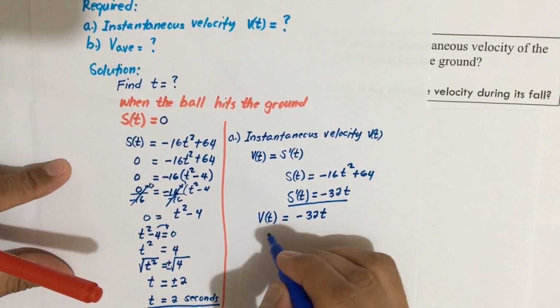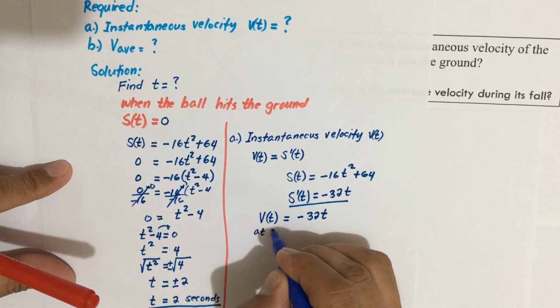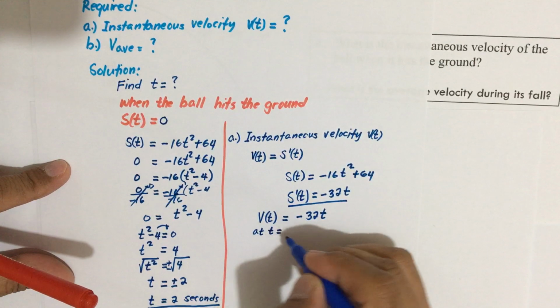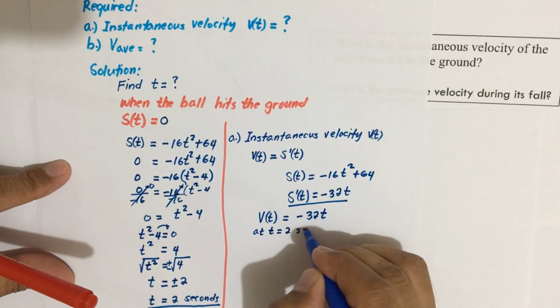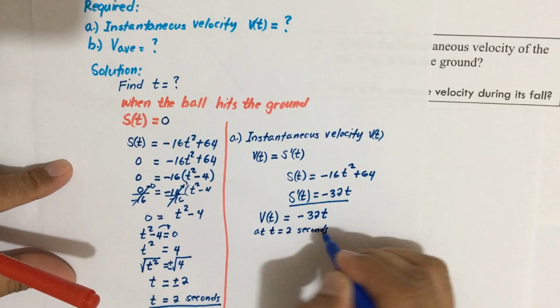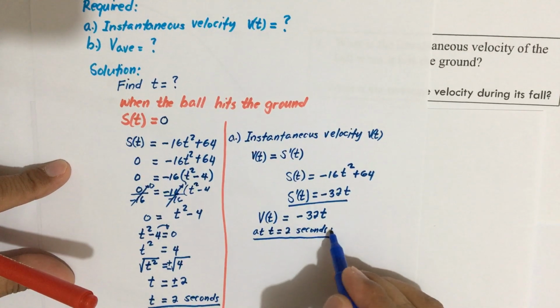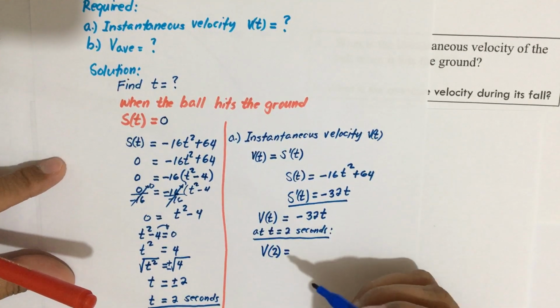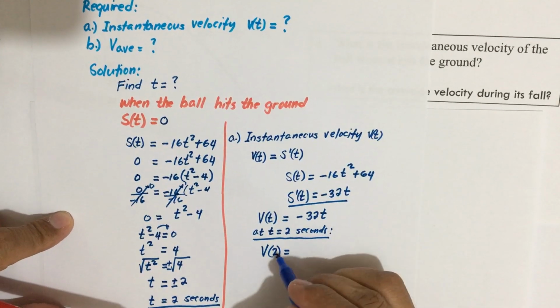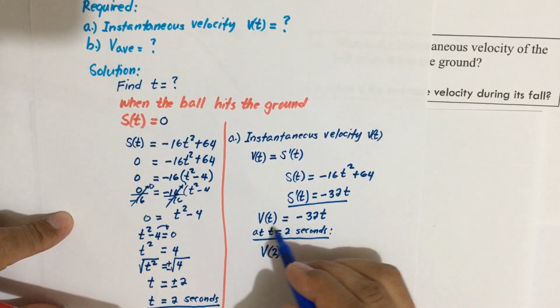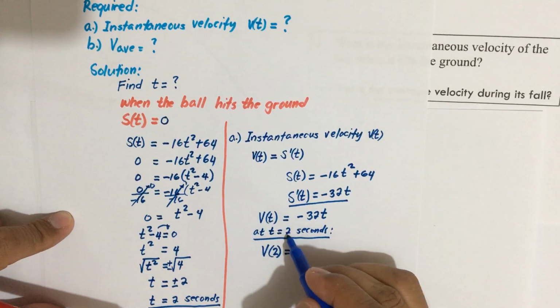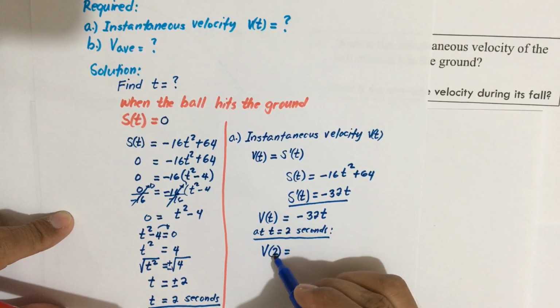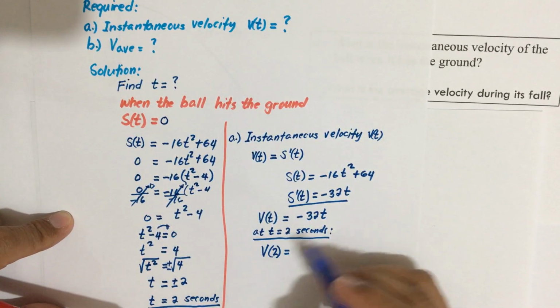So at t equal to 2 seconds, we have v of 2. The 2 here is from the 2 seconds; we just substitute the value t equal to 2.